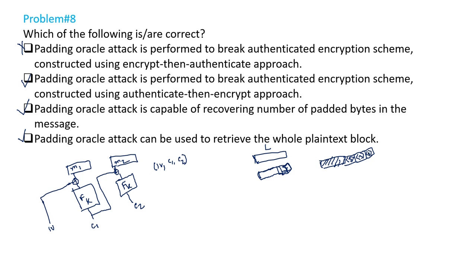So if B is the number of bytes required to be padded in the last block, we write the content, and then you append B bytes, each byte containing the byte representation of the value B. That is how padding is done in PKCS 5 convention. Now you can exploit this structure.